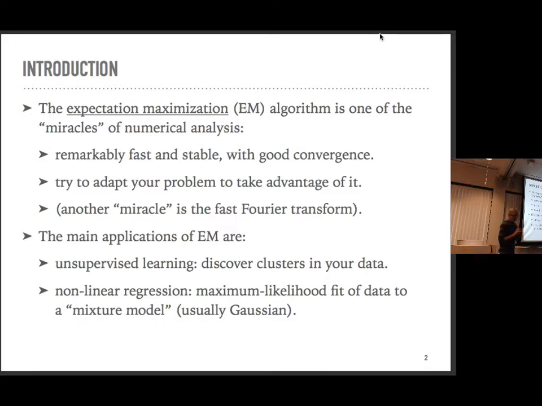What I mean by that is that it's remarkably fast and stable. It has good, provable, rigorous convergence properties. And whenever you come across a miracle like that, you should always try and adapt your problem to take advantage of it. Another striking example, a miracle in numerical analysis, is the fast Fourier transform. Whenever you can turn your problem into the fast Fourier transform, you always should. It's very fast, it's very stable, it has great numerical accuracy properties.